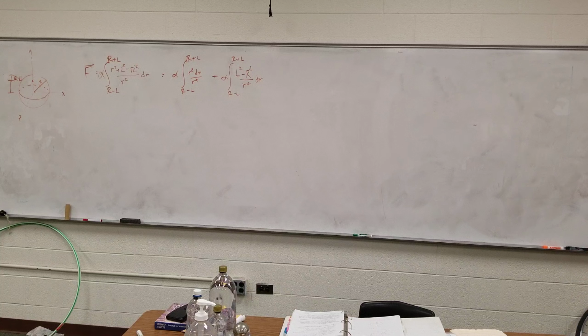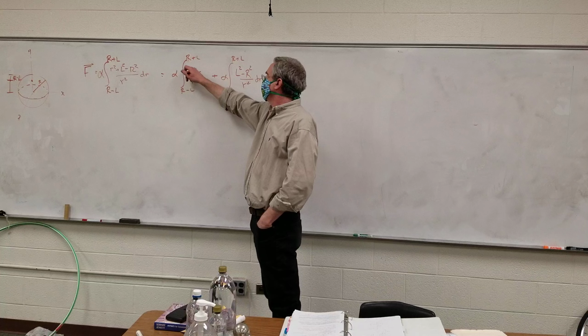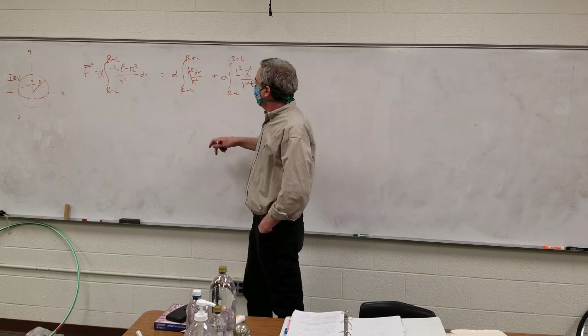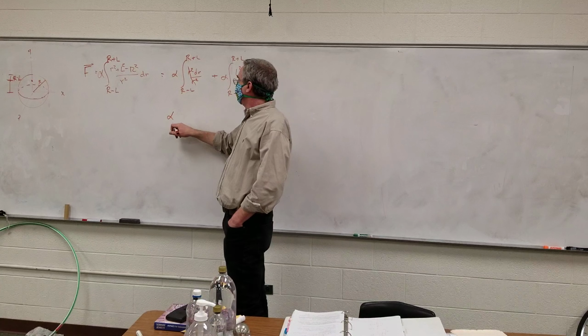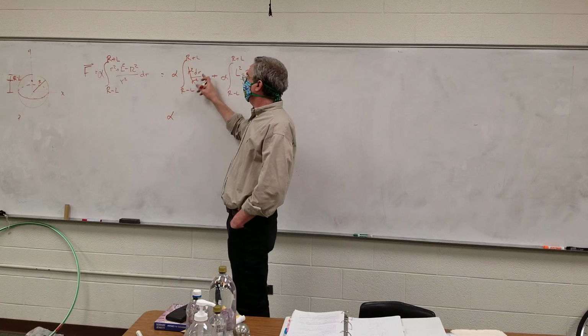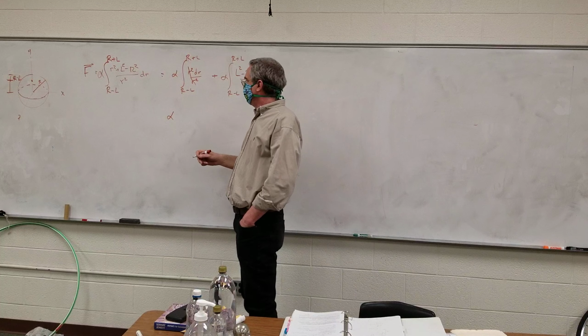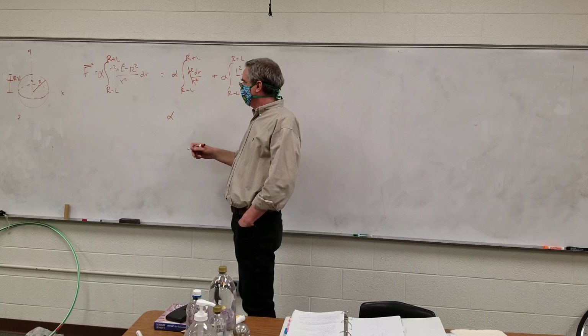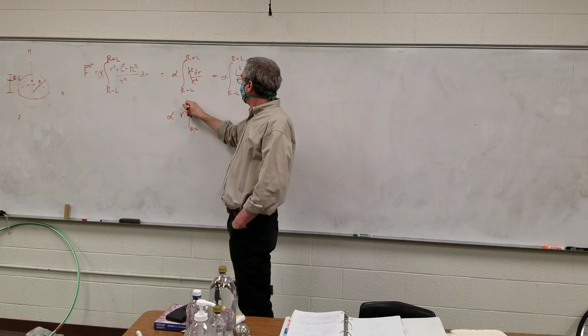I couldn't remember what symbol I used for the constant up front before, but it's alpha now. Well, the first one, the r squareds cancel out conveniently, and so we're just left with an integral dr. So what is the integral of dr? R. All right, so r going from R minus L to R plus L.